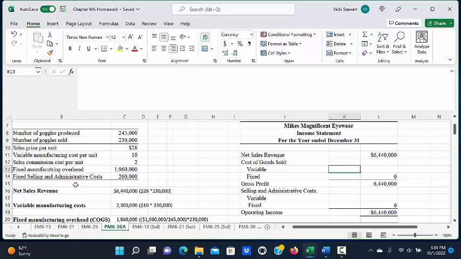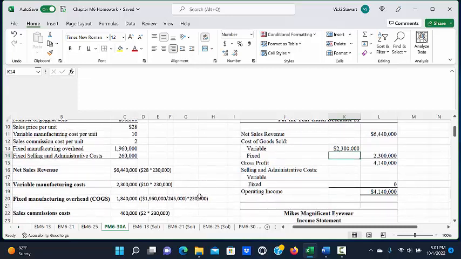The variable cost of goods sold would be equal to $10 of variable manufacturing cost per unit times the number of units that were sold, 230,000, or $2,300,000 in variable cost of goods sold.